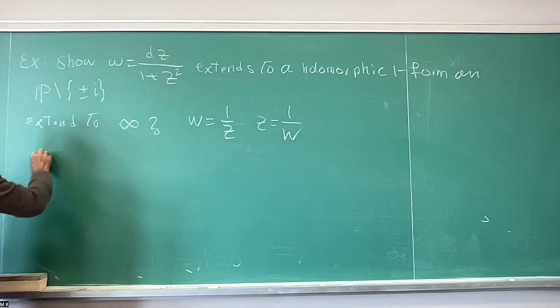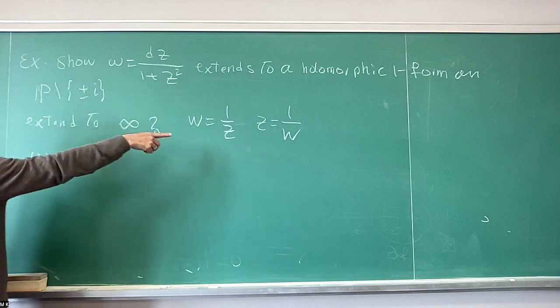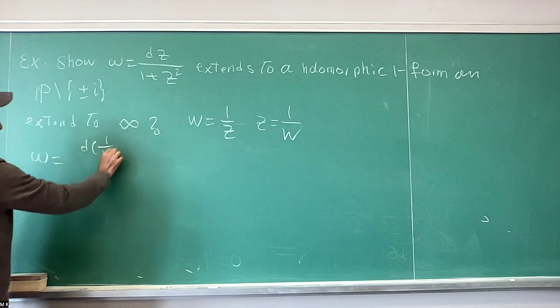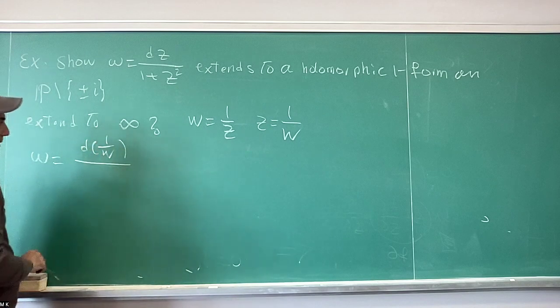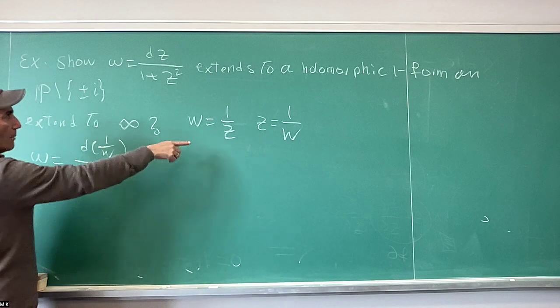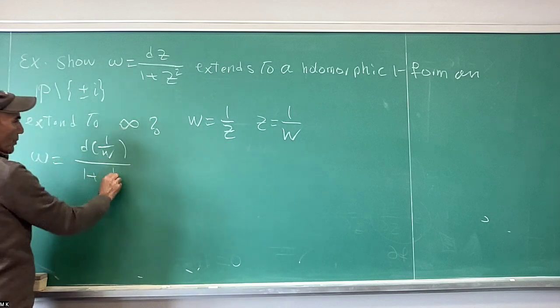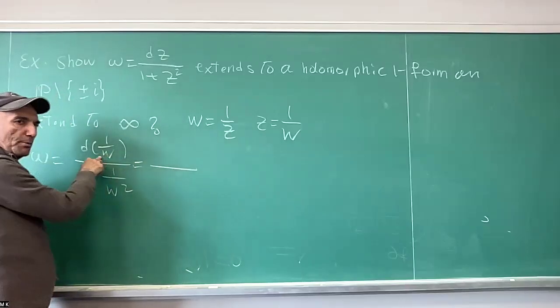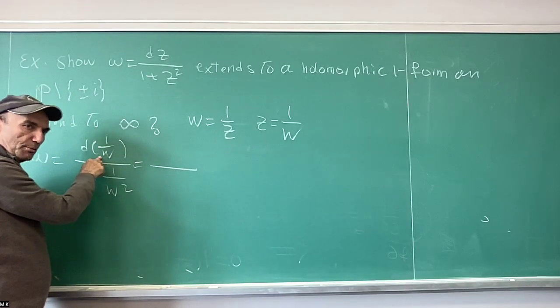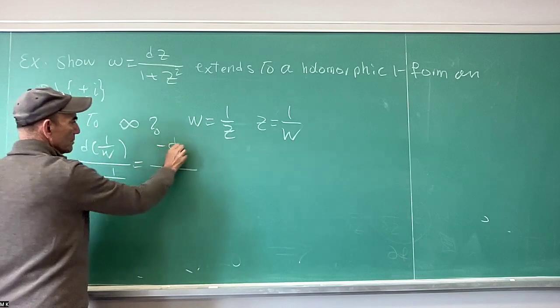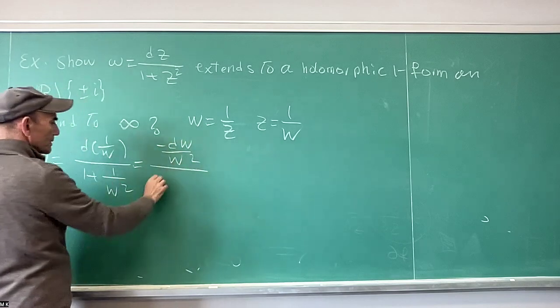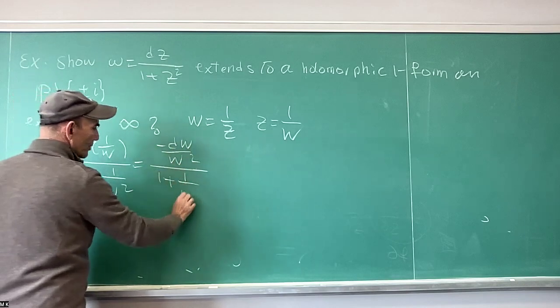So then omega becomes, okay, so Z is 1 over W, d of 1 over W over 1 plus 1 over W squared, right? So d of 1 over W is minus dW over W squared. And this is 1 plus 1 over W squared.